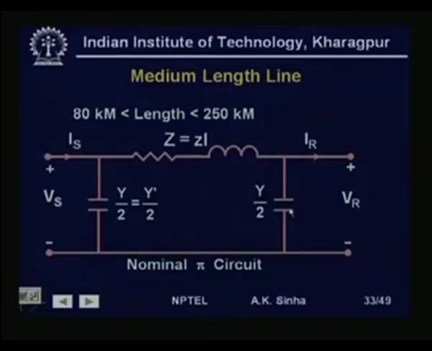We divide this total charging capacitance into two parts and put half at the sending end and half at the other end, the receiving end, and this leads to a nominal pi circuit for the medium length line.